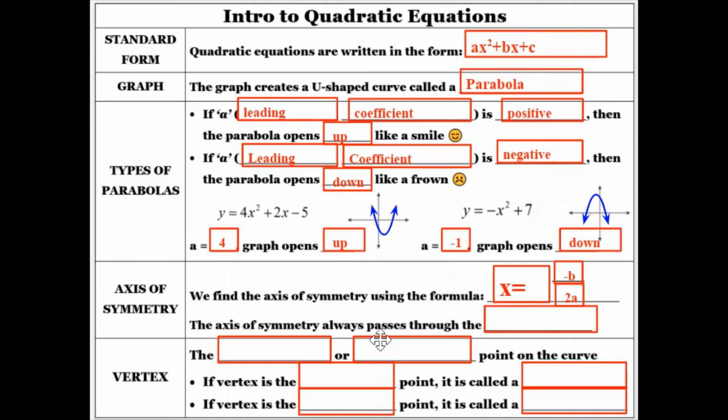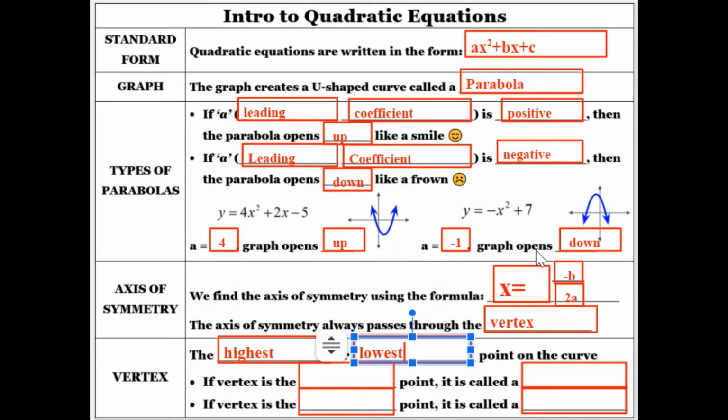The axis of symmetry will always go through the vertex. Well, what's the vertex? The vertex is the highest or the lowest point on the curve. It's going to depend on which direction it's going.